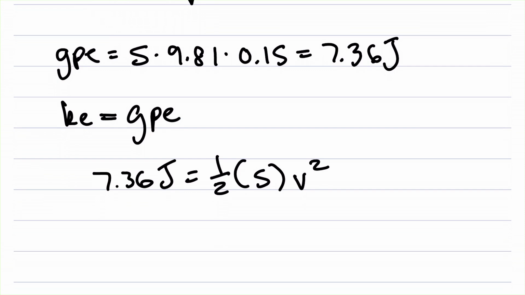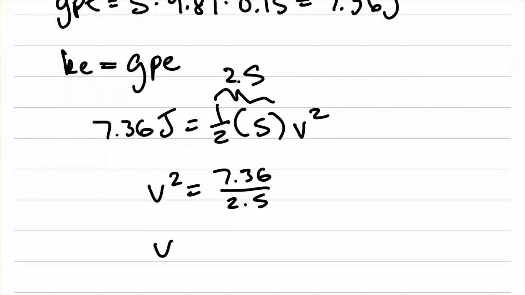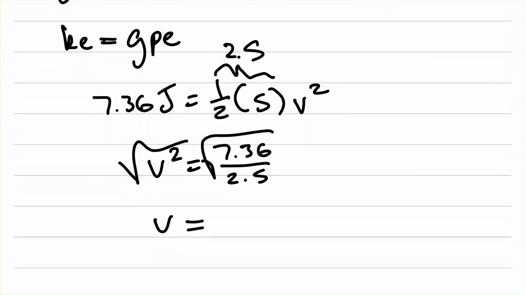This is equal to 2.5, and if I divide 7.36 by 2.5 and I square root both sides, I'm going to get that my velocity is equal to 1.7 meters per second. So that's my highest velocity.